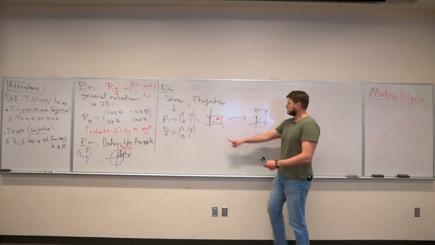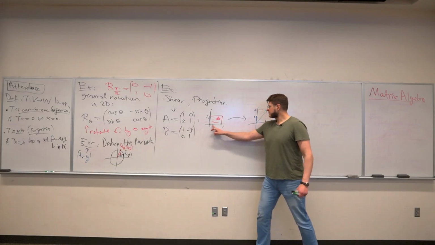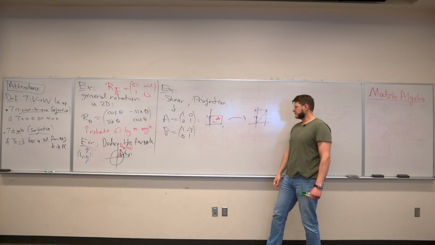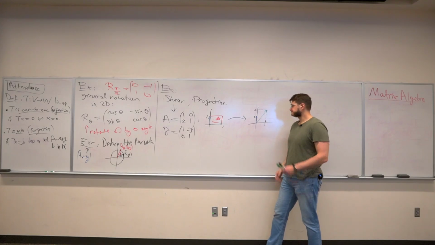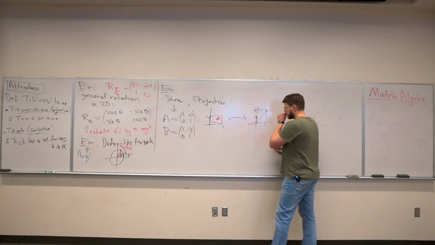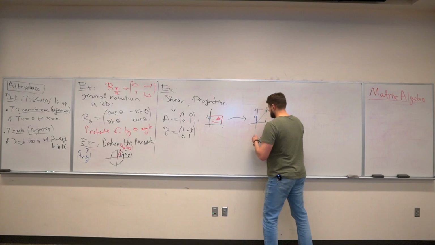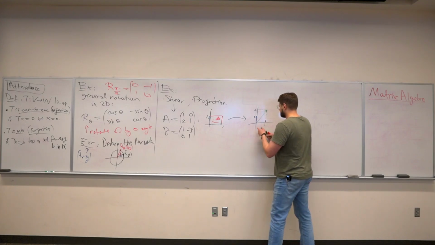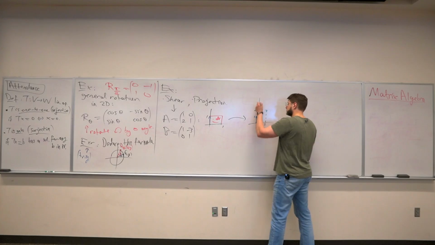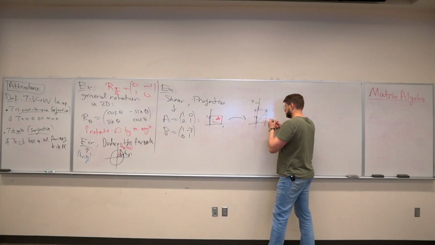And so this stays as is. This is lifted this way. And then I'm going to apply the same stuff. So this is 2, which means I should do this, maybe 3 here.